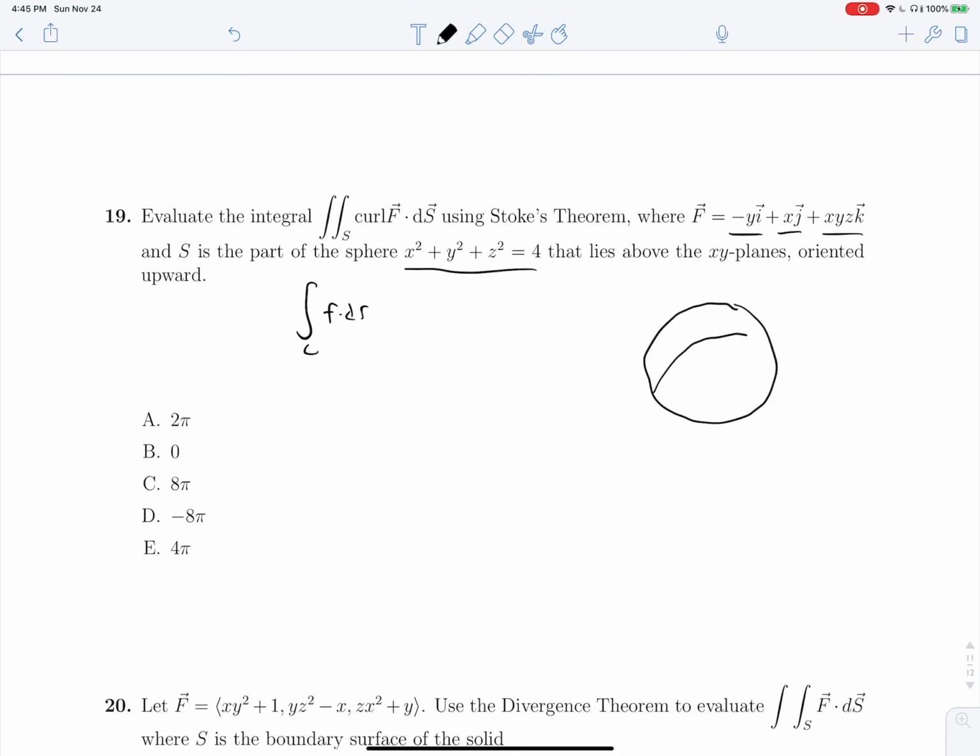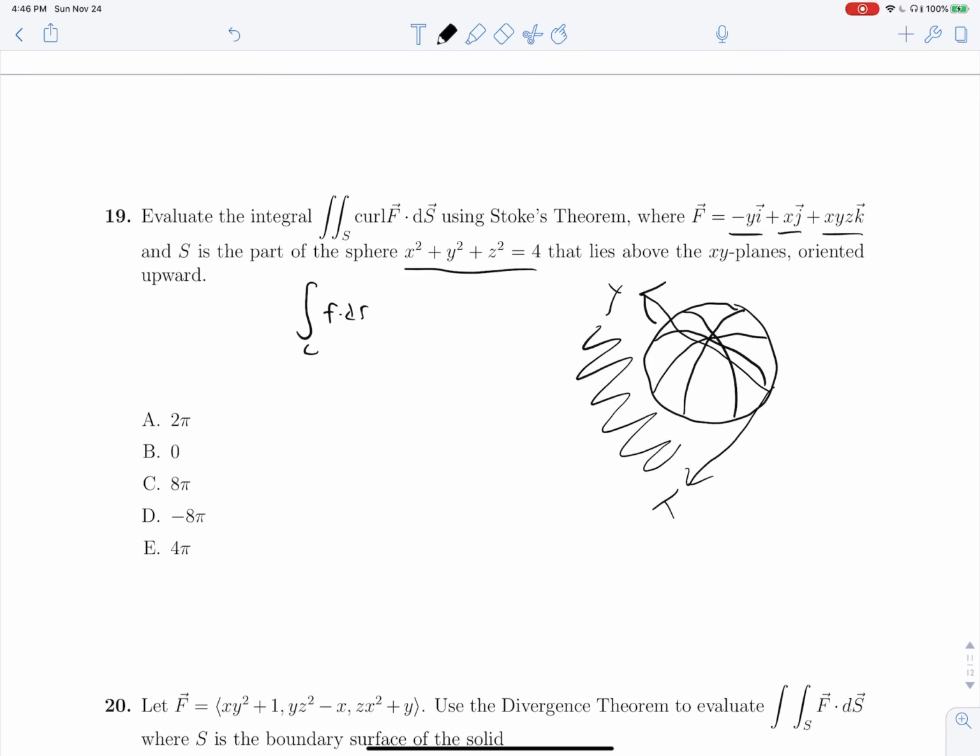So we know that we have this kind of hemisphere coming up here because we're looking at the part of the sphere of radius 2 that lies above the xy plane. So this guy is cut by x and y roughly. So you can kind of see how we're dealing with a hemisphere here.